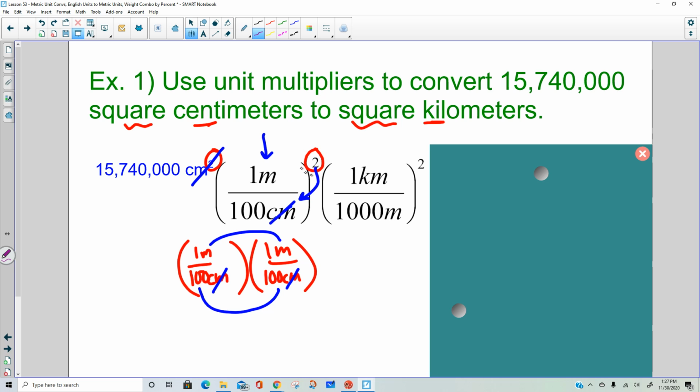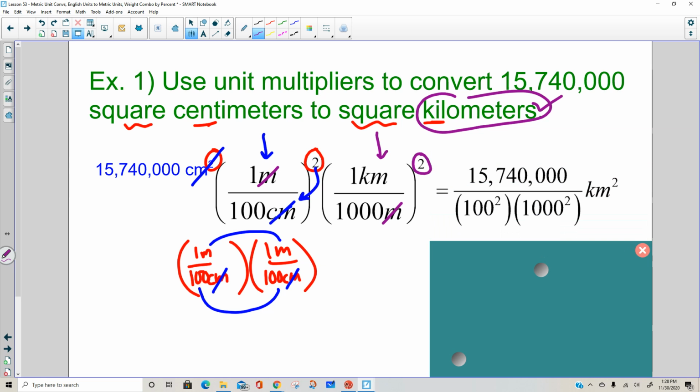And again, I have square units, so I have to do square units again. Canceling my meters. And what units are we in? Let's take inventory. Kilometers. Great, that's what we needed. We're in square kilometers.